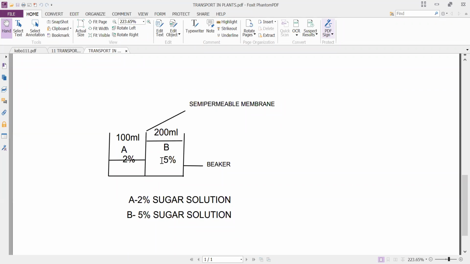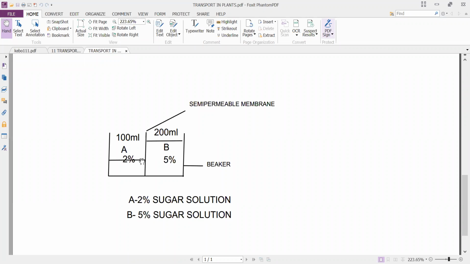One thing you have to remember: water movement will occur from A to B and from B to A also, but the net movement will be different. In osmosis the water moves in both directions.